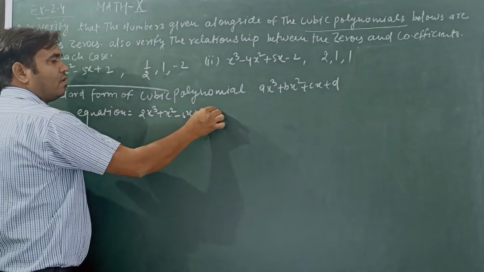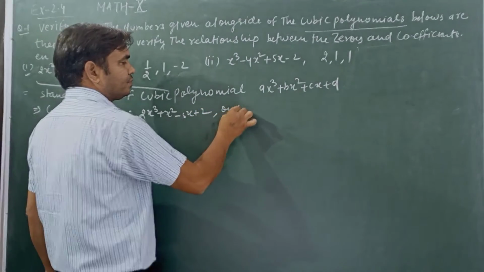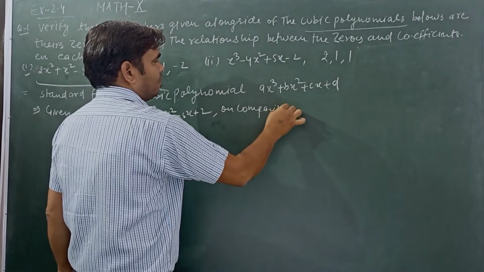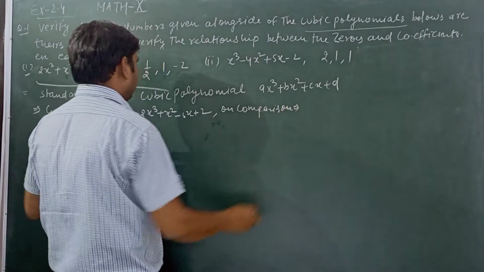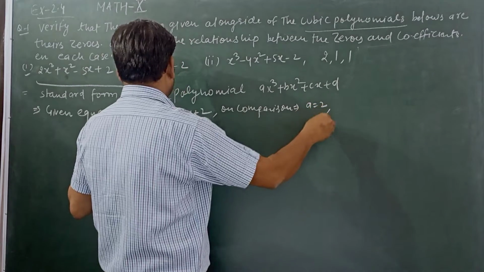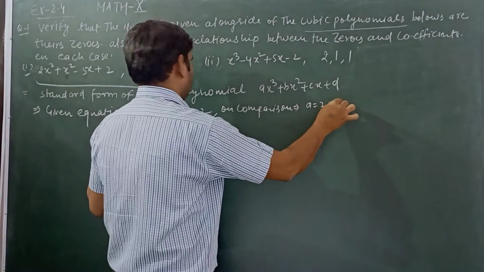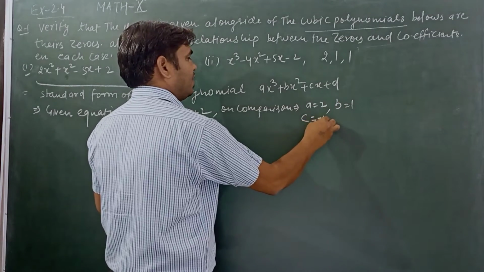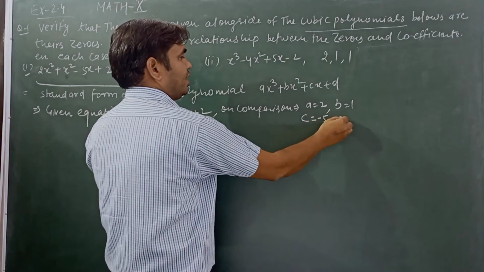So on comparison we get a equal to 2, b equal to 1, c equal to minus 5, and d equal to 2.